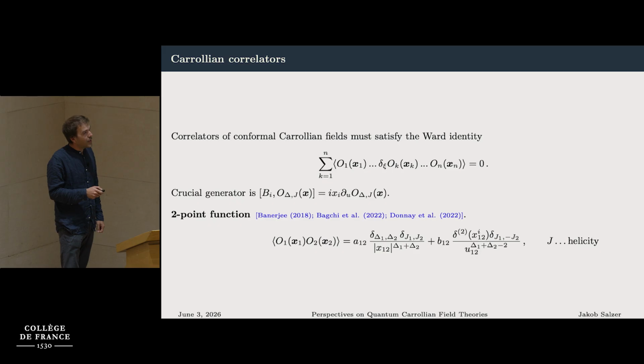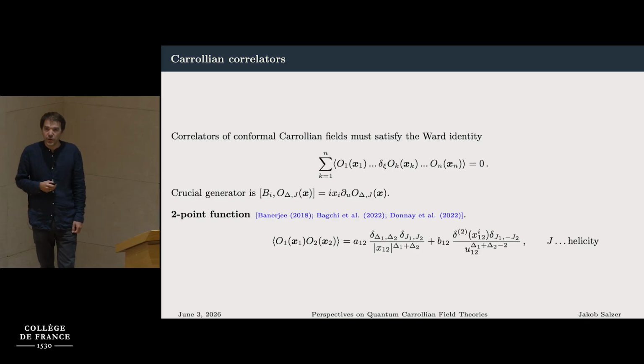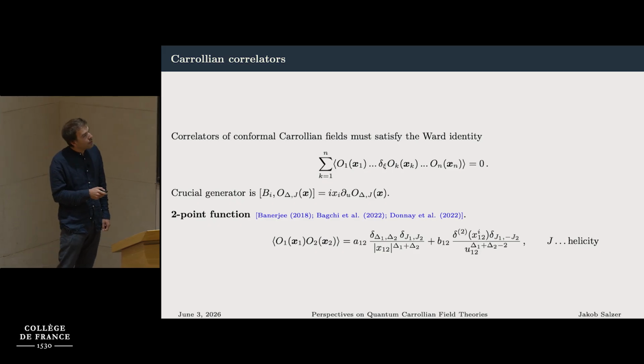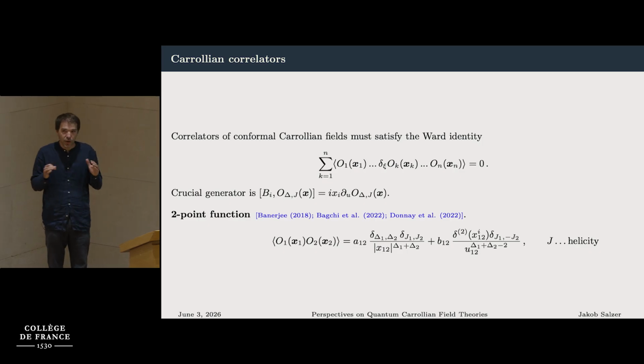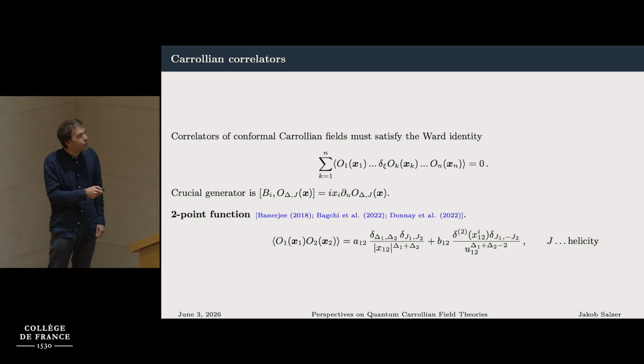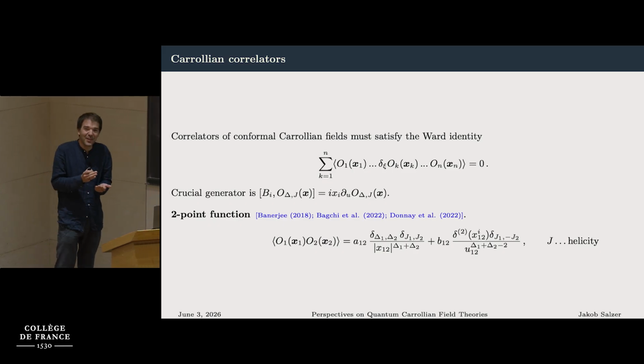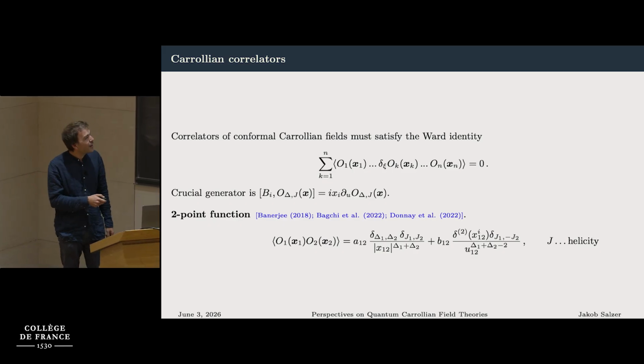So basically this is just an exercise in solving differential equations. If you do this exercise, you see that the generator that crucially determines the structure of the correlation functions is the boost generator. This is no surprise because it's precisely the boosts that differ from the usual Lorentzian case.